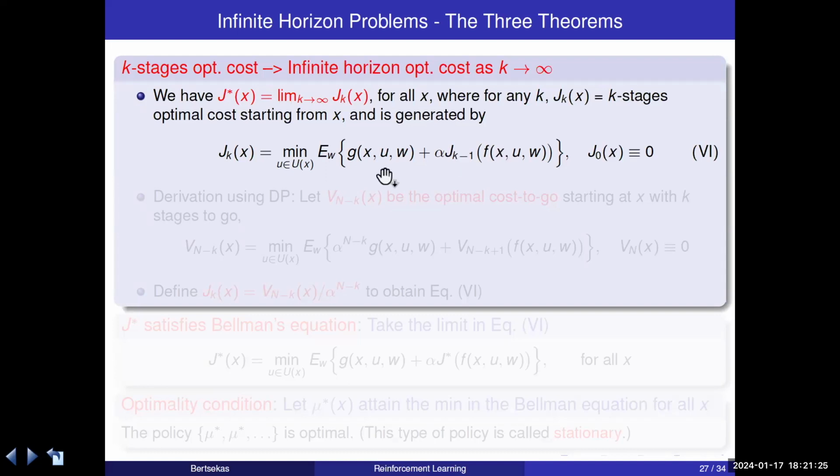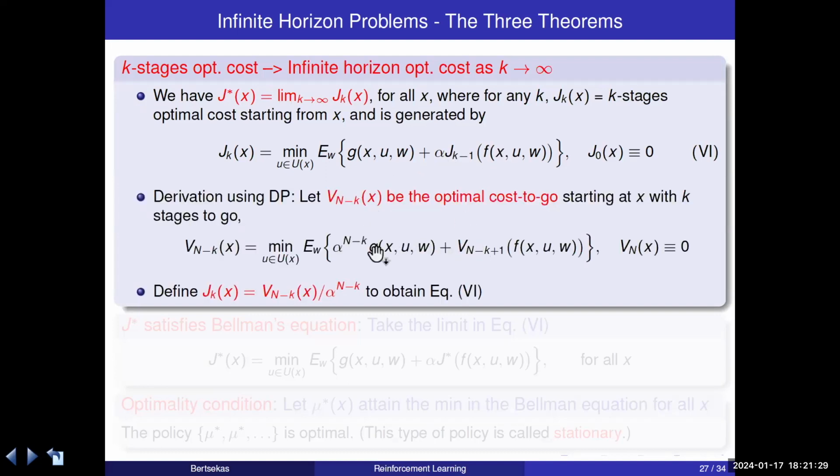Now, intuitively, this makes sense. Mathematically, there's a simple derivation based on dynamic programming that you can read. I'm not going to go through it. So you solve the finite horizon problem for one step horizon, then 2 steps horizon, 3 steps horizon, and so on.